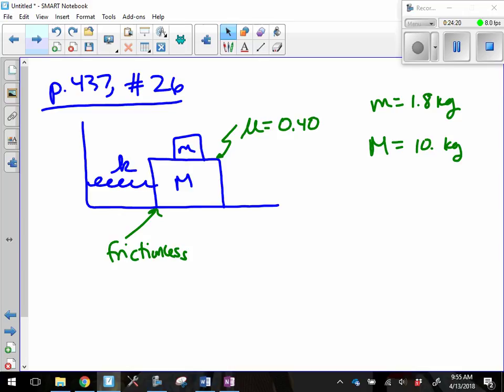So that means I want to find the maximum amplitude so that those two things don't slip. Can you picture this in your head? I've got my two blocks sitting on top of each other, and they're moving back and forth. There's a friction force between them that keeps them from slipping over each other.